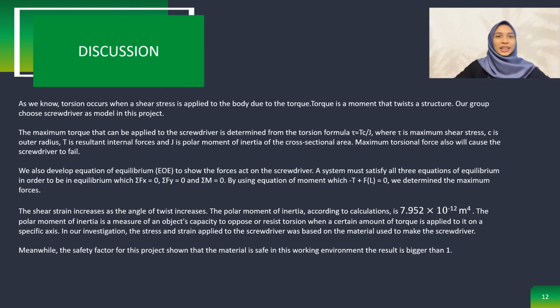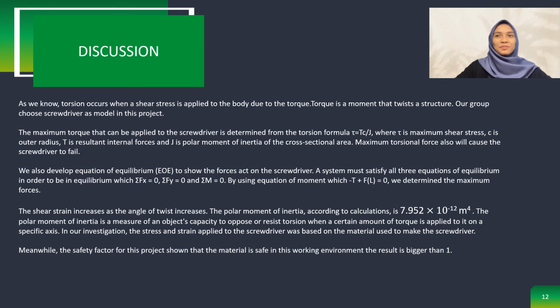The maximum torque that can be applied to the screwdriver is determined from the torsion formula, tau equals Tc over J, where tau is the maximum shear stress, c is the outer radius, T is the resultant torque, and J is the polar moment of inertia of the cross-sectional area. Maximum torsional force will also cause the screwdriver to fail. We also developed the equation of equilibrium to show the forces acting on the screwdriver.